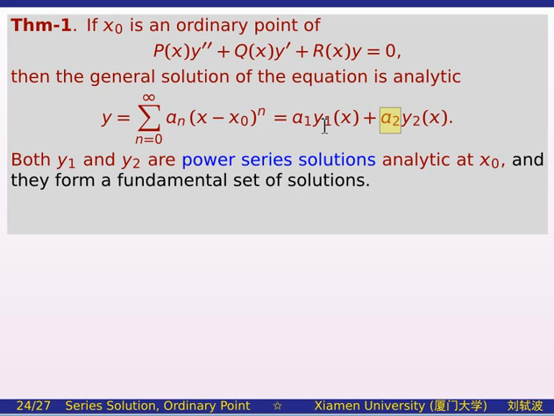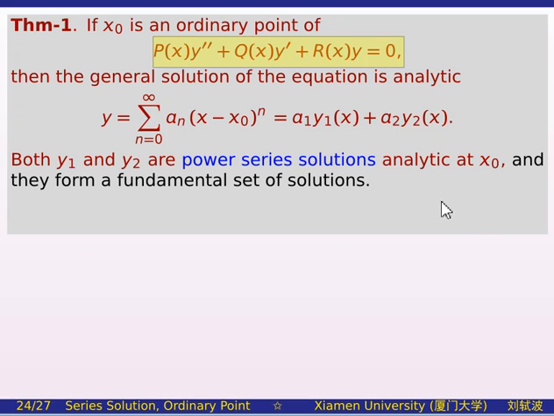So this y1 and y2 are power series solutions of the same equation, and they are also analytic at x0 and form a fundamental set of solutions. This part of the theorem ensures that about an ordinary point, the solution of the second order equation can be expressed by a power series.